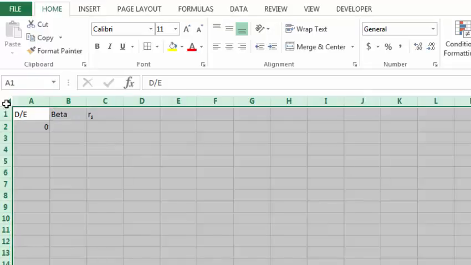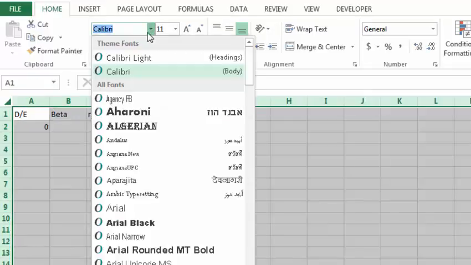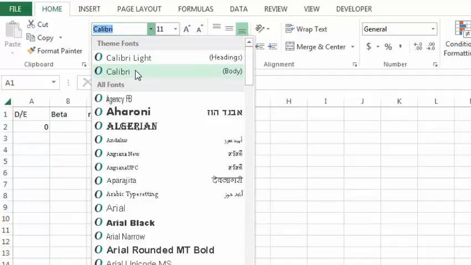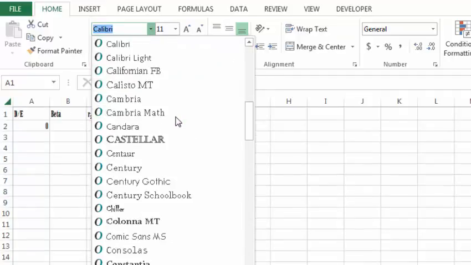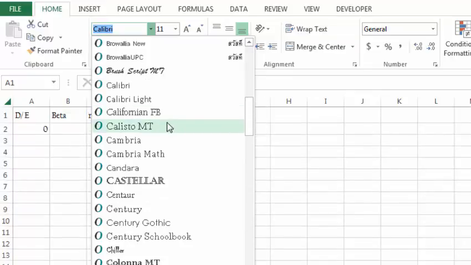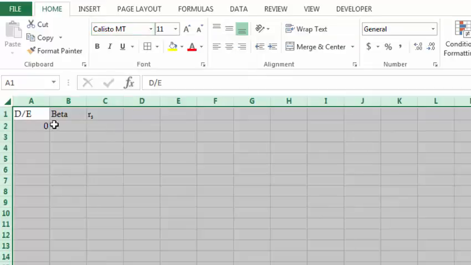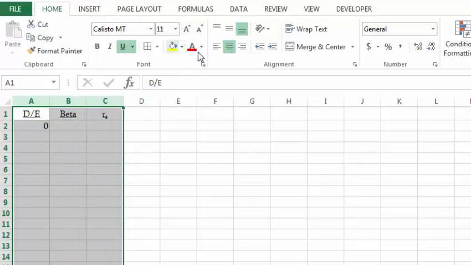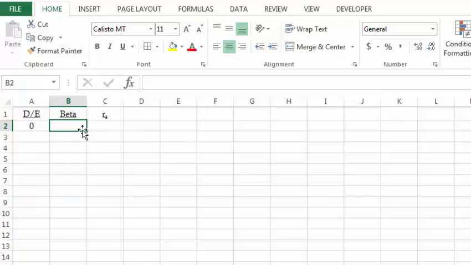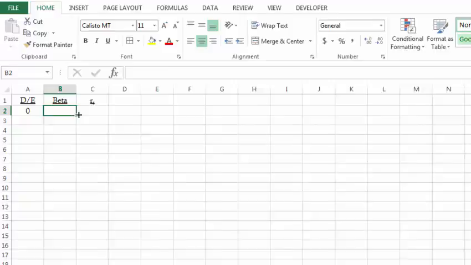So first off, let me highlight those, underline them, and center. There we go. So for the unlevered beta, we're going to use the unlevered beta formula.